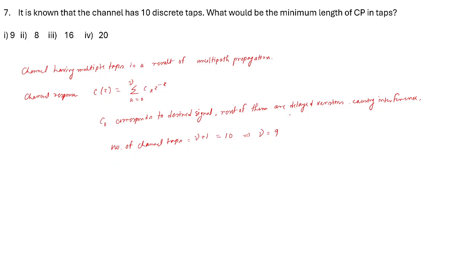The rest of them, which we are calling interference, are also called inter-symbol interference, because a delayed version of a previous symbol is going to create interference at the current instant with the current symbol. Therefore the number of symbols of ISI is given as gamma, which is equal to 9.